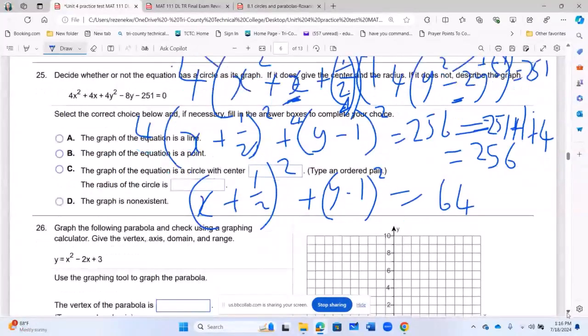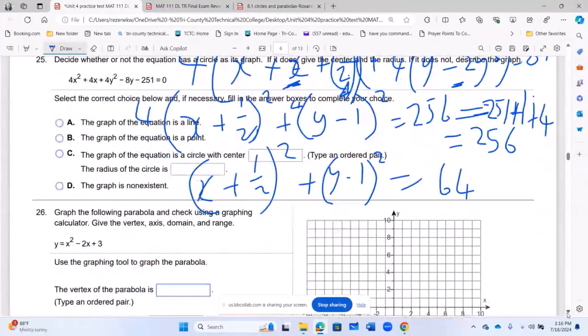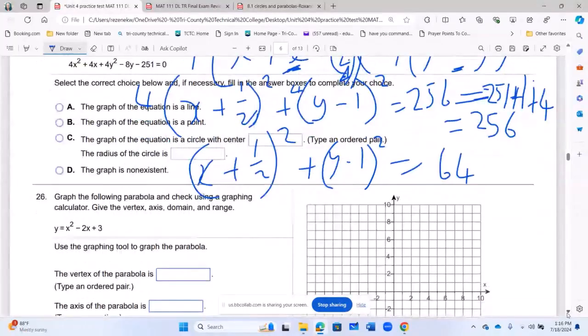So we now found a circle. We used completing the square and found the center of the circle. Actually, I have to rewrite it. The center of the circle is (-1/2, 1).